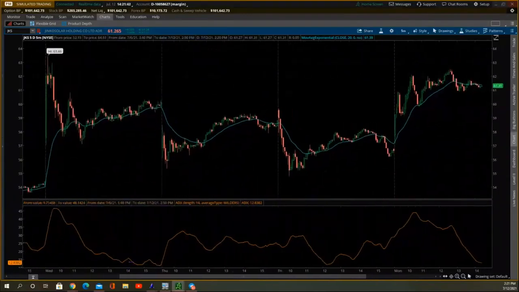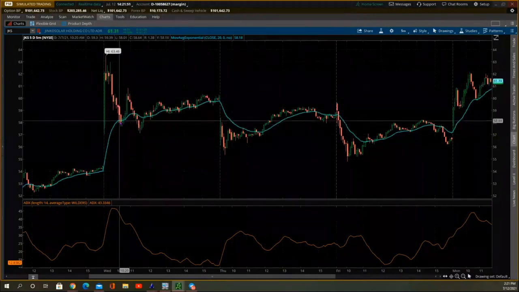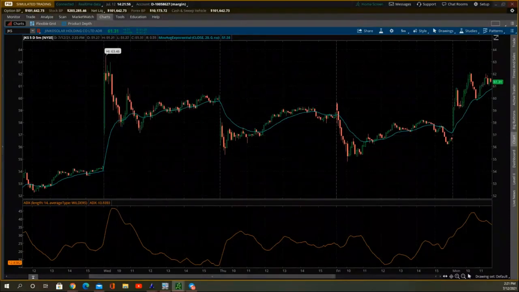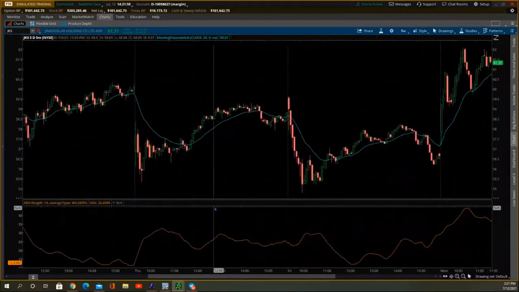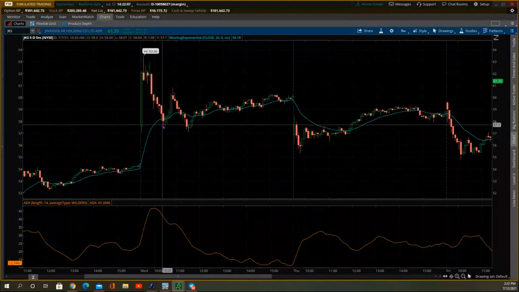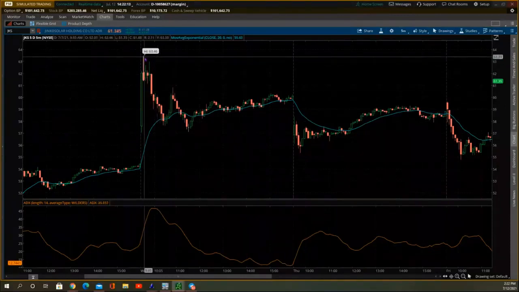And I failed to mention one other thing to you guys too. So if you pull back right here, we're going to enter on the previous bar high, which would be right here, with a stop right here. Let me make it bigger. So we enter right here, stop below the previous swing, previous swing high is up here.